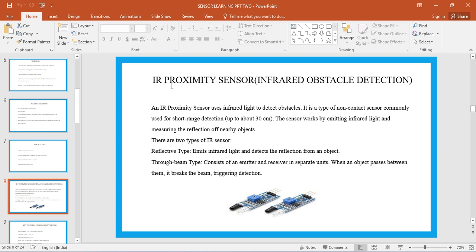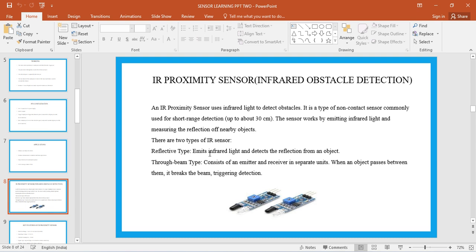Secondly, we are seeing the IR proximity sensor. The IR proximity sensor uses infrared light to detect obstacles. It is a non-contact, short distance sensor that only goes up to 30 cm. It has two types, reflective type and beam type.